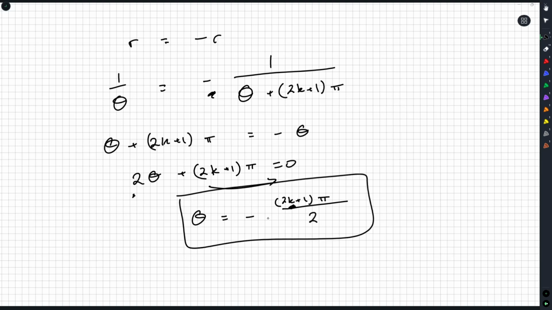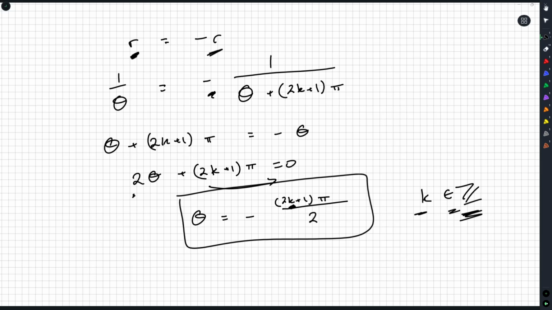So these thetas should give me a point of intersection where one is coming from a positive r, and the other from a negative r, but you are plotting with theta values that are a half circle away, and so they do plot to the same point. So this is what's going to hold for any integer k, with k being any integer. And if you want to write that out in words, go for it.